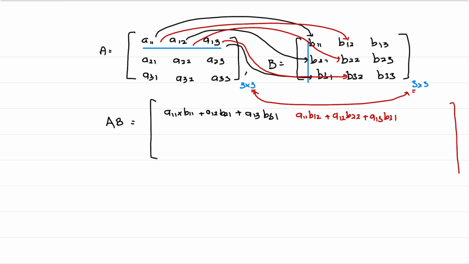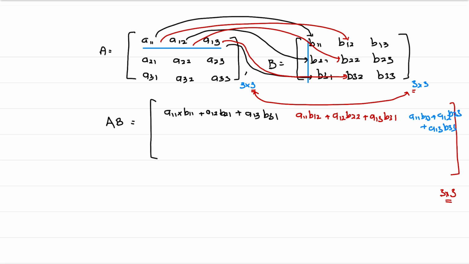Similarly, it happens for all the elements. Like this, we will have another 3 by 3 matrix, total 9 elements. Again, here A11 into B13 plus A12 B23 plus A13 B33.